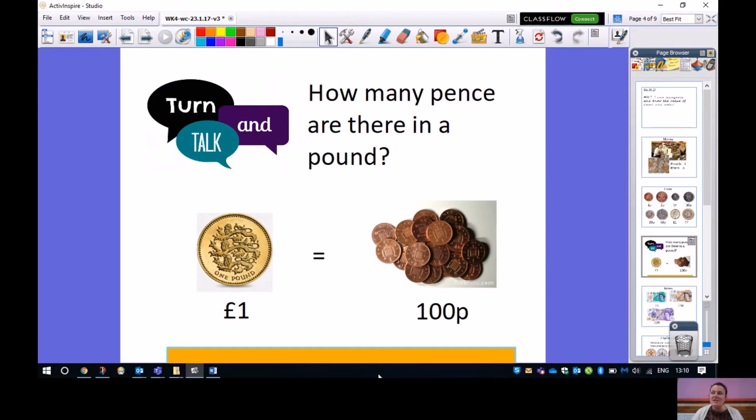So it would be much easier to have 5 £1 coins than it would be to carry a bag of 500 pennies. By having different coins with different values, we don't have to carry as much money around with us. Can you imagine how heavy it would be if we had to pay for everything in pennies? It's a lot easier to be able to pay in pounds.